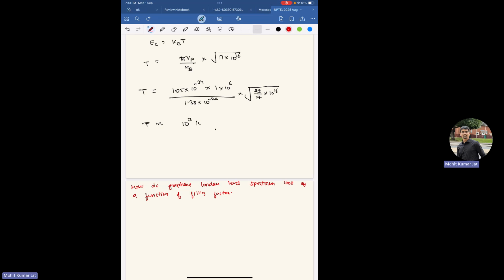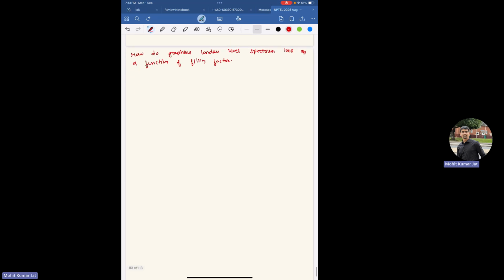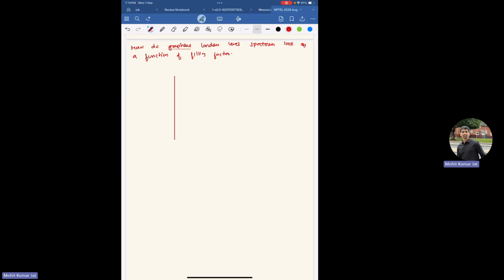The point to note here is that if you measure the Landau levels of graphene, the conductance you will find on the electron side is, here, the zeroth. After that, there will be 2, 6, 10, 14. So this is my Gxy.